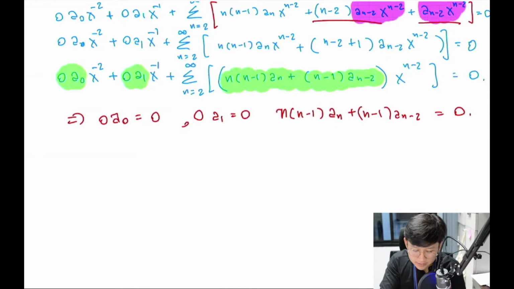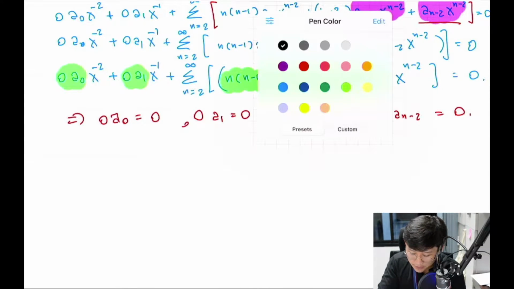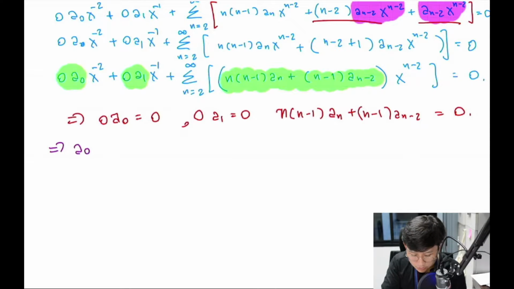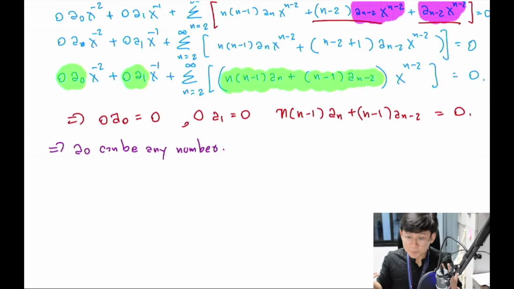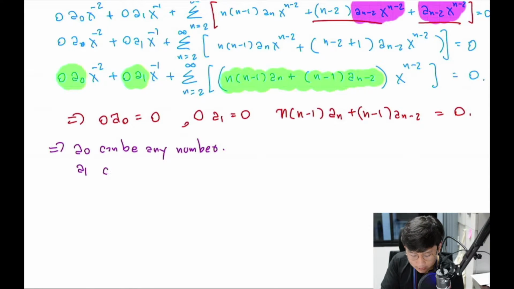It just means that a0 can be any number, because 0 times a0 is 0. It's all right. And similarly, 0·a1 is 0. It means that a1 can also be any number.